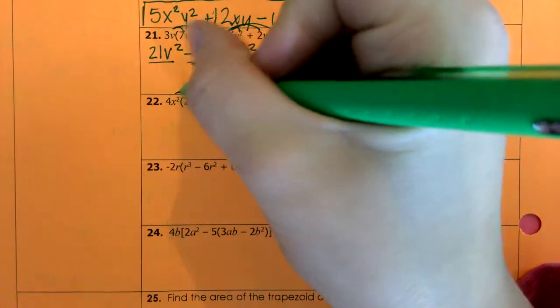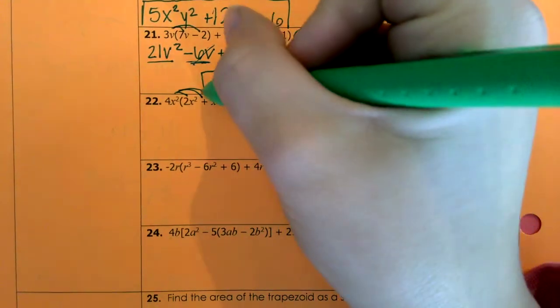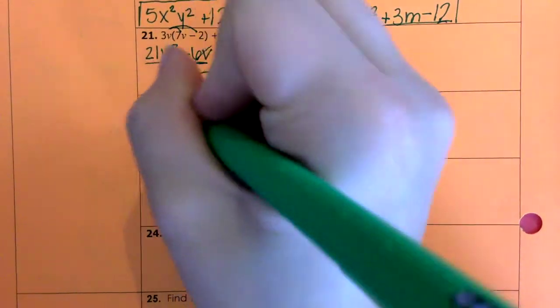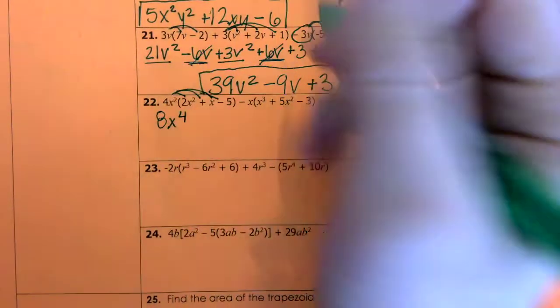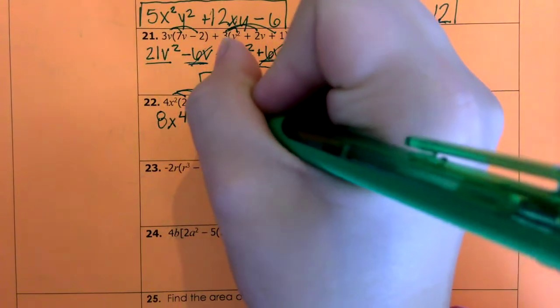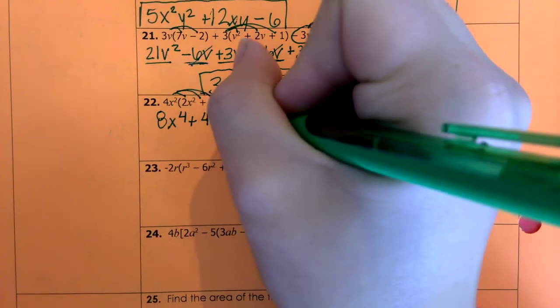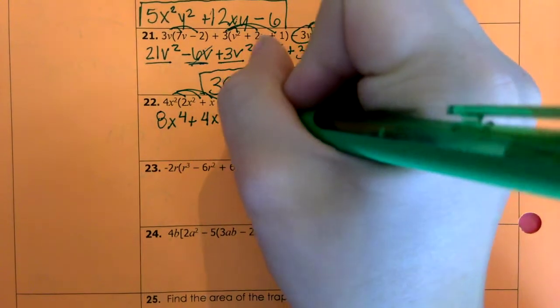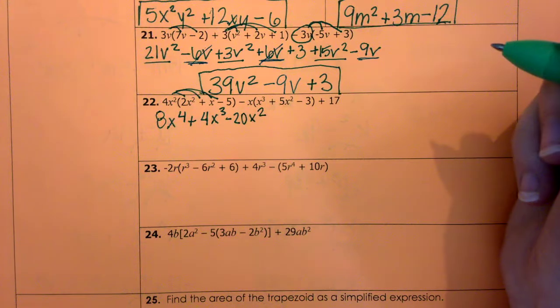So I'm going to distribute that 4x squared. I'm going to get 8x to the 4th, because x squared times x squared is x to the 4th, plus 4x cubed minus 20, because 5 times 4 is 20, and it's a negative 5, x squared. So that one's done.